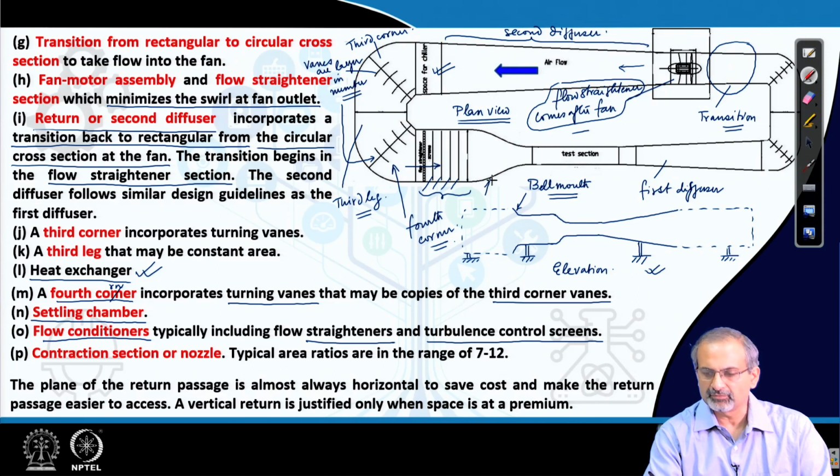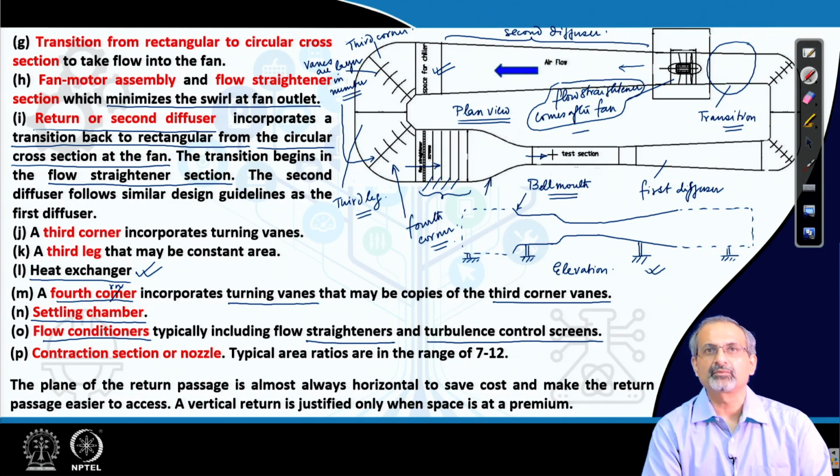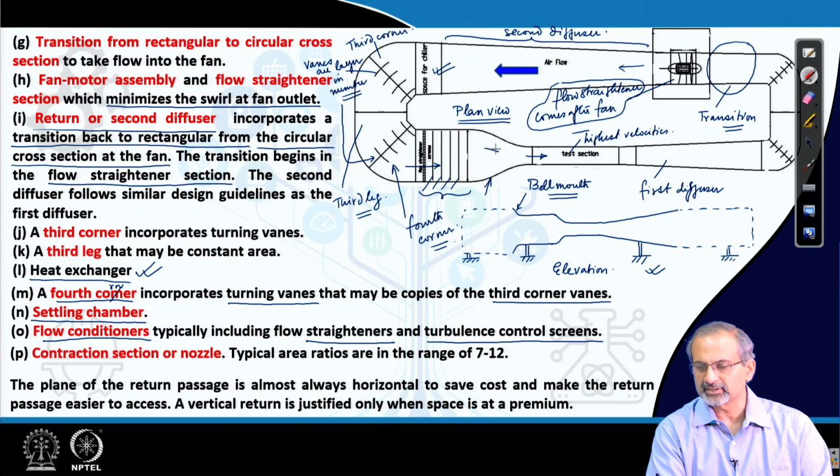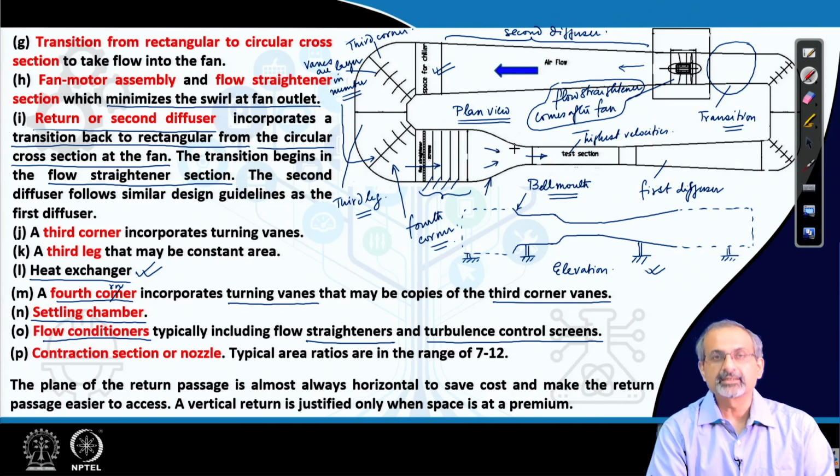And then we come to the contraction section or the nozzle, where the flow accelerates and gets into the test section, which happens to be the lowest cross section part of the tunnel. Therefore, highest velocities are available here. Not only that, as the flow moves through the contraction section, it also gets quieter, the turbulence reduces further.